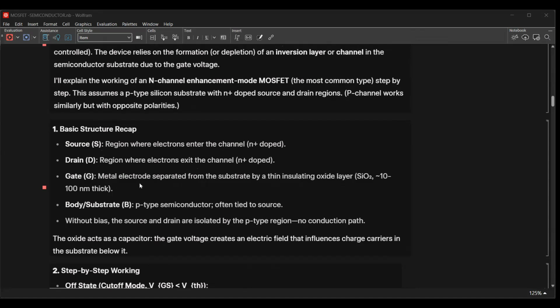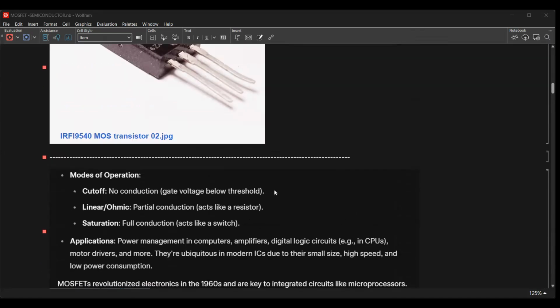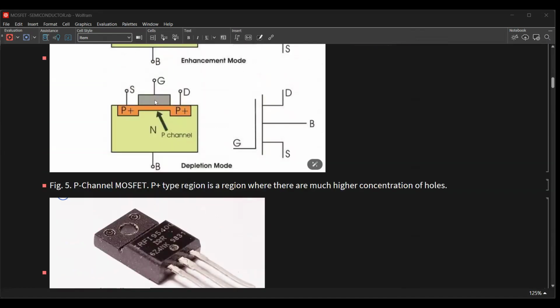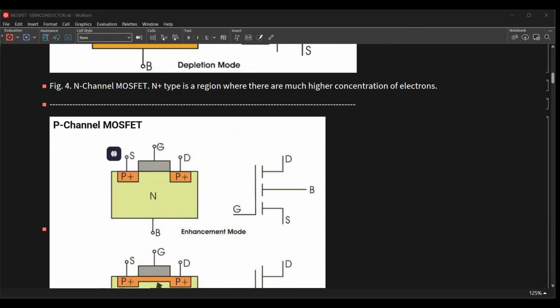The gate is a metal electrode separated from the substrate by a thin insulating oxide layer, like this one. This is what we call the silicon oxide.